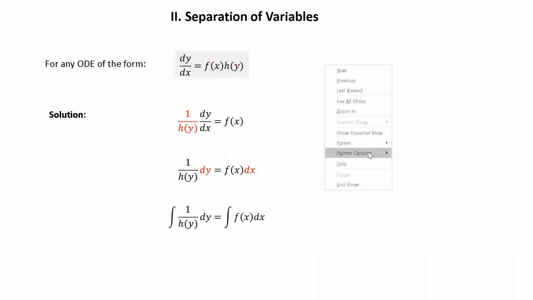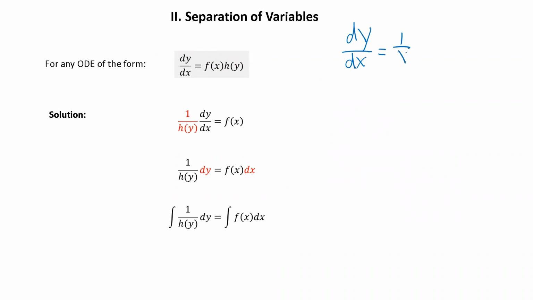Of course, let's try one example here. Let's say I have a differential equation that looks like this: dy/dx equals 1 over x times 1 over y. On the right hand side, this is a function of x and this is a function of y.